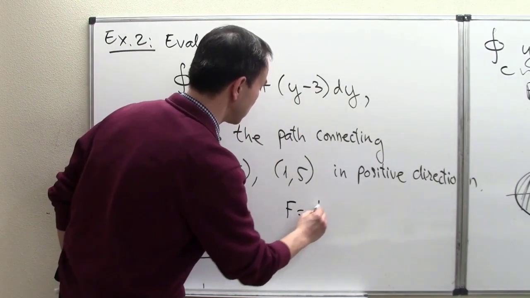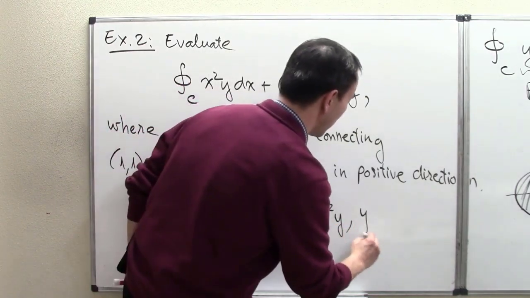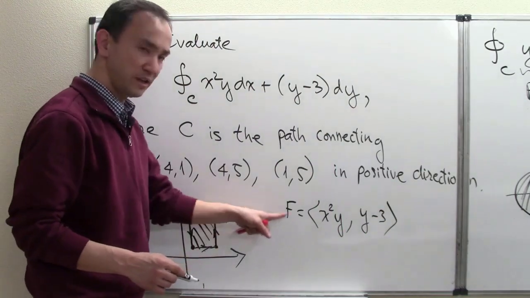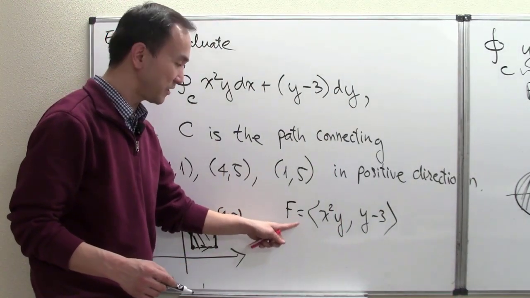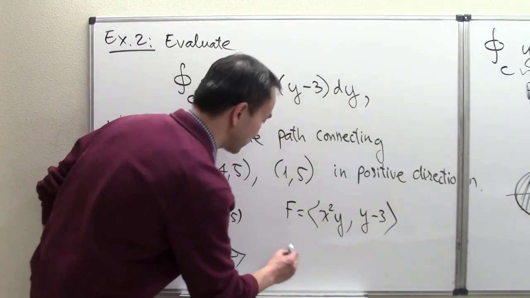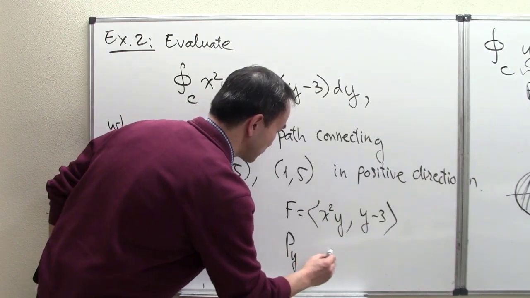The vector field is x squared y comma y minus 3. We now have the tool to quickly verify that this vector field is not conservative. We can do the Py check with Qx.